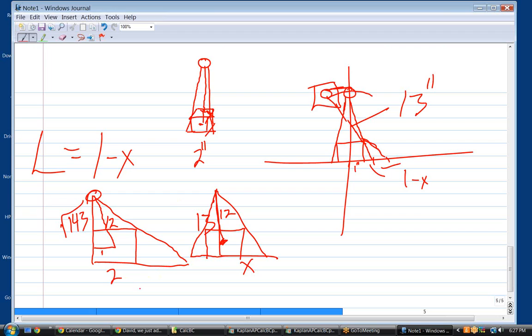This is 2. This is 1. So this distance of the shadow is x minus 2. In other words, this measurement right there should be x minus 2. And this measurement here of the shadow length is x minus 1. I said 1 minus x, didn't I? It should be x minus 1.